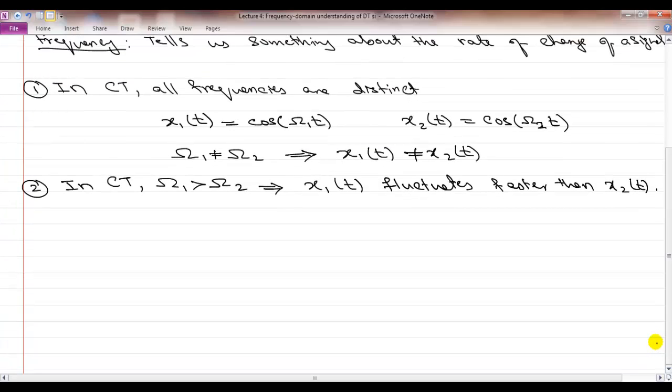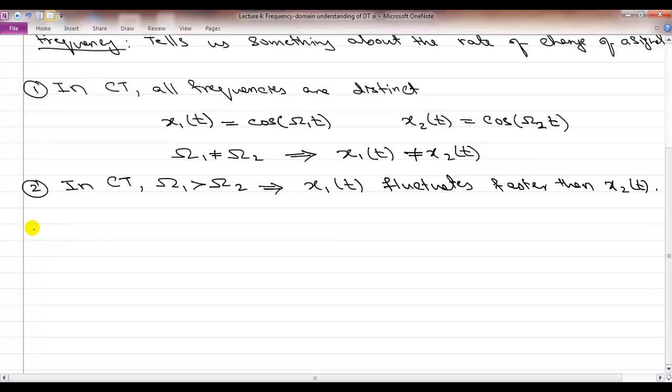So these two key properties are not the same in the case of discrete time frequencies. But the fundamental concept of sinusoids in discrete time stays the same.